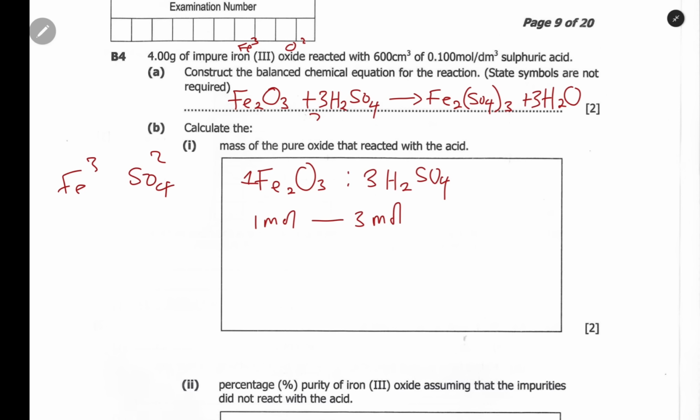Now we want to find the moles of pure oxide. This one we don't know, but we can find the moles of sulfuric acid. What are we given on sulfuric acid? Concentration. So number of moles is equal to concentration multiplied by volume.